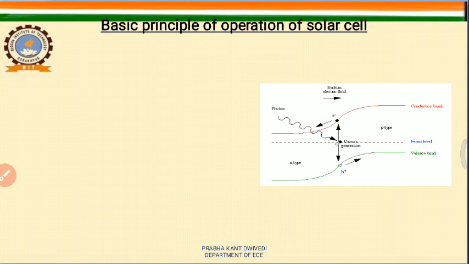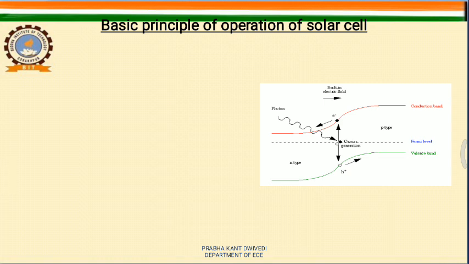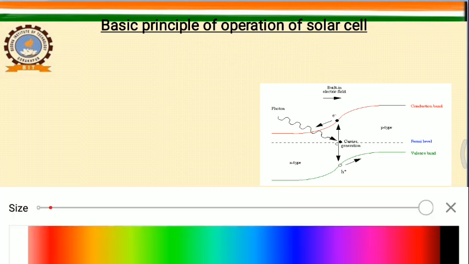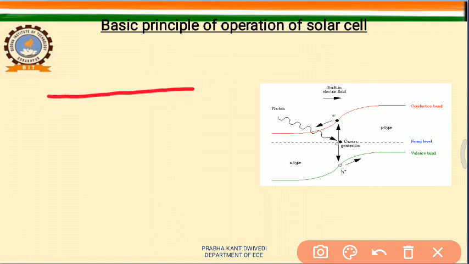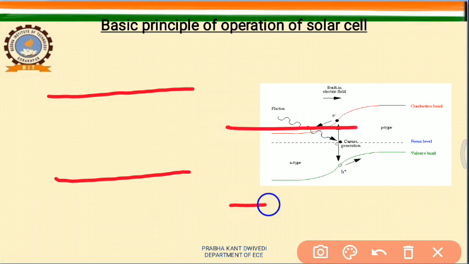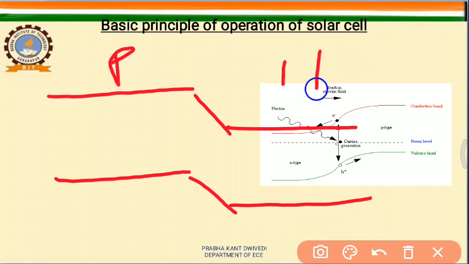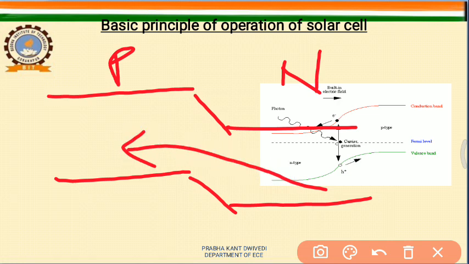Now, when these charges start moving from one region to the other, suppose the hole is moving from the N to the P region and electrons are moving from the P to the N region, there is a high chance of their recombination.